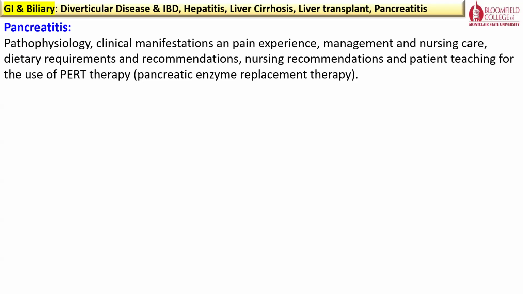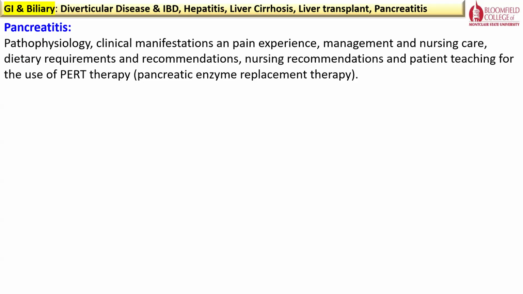The last topic in this content is pancreatitis, either acute or chronic. In acute pancreatitis, the client should be kept NPO in the acute phase of the disease to reduce the GI activity and reduce pancreatic enzyme production.